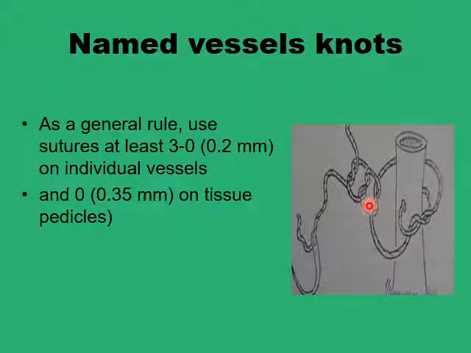Or if you are placing the suture on a tissue pedicle, then thicker sutures like 0.35 millimeters, the 0 sutures, should be used. And of course, a triple throw is also appropriate when you are placing the knot, rather than just the double throws of the standard square surgical suture.